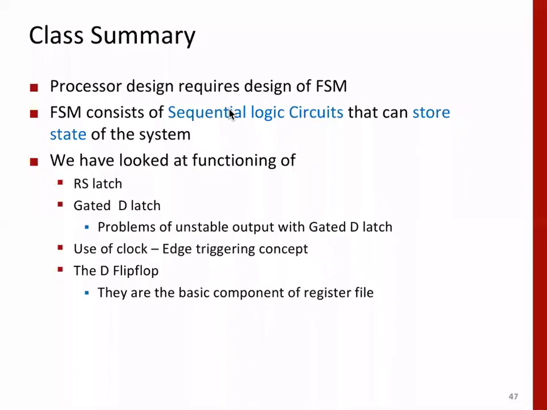So the clock should be big enough to accommodate the state transition in the register and the time required for the combinational logic circuit. The sum of these two should be less than the clock period.